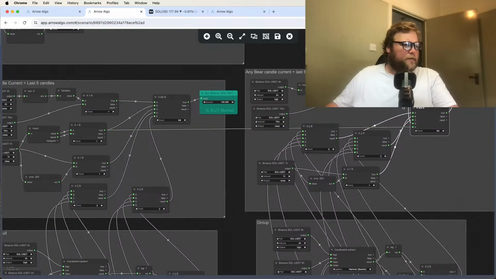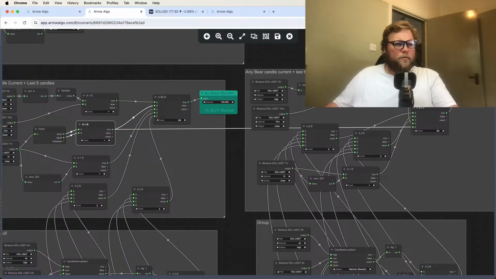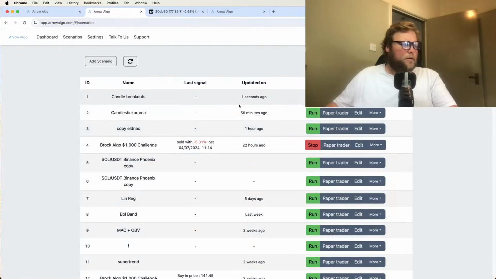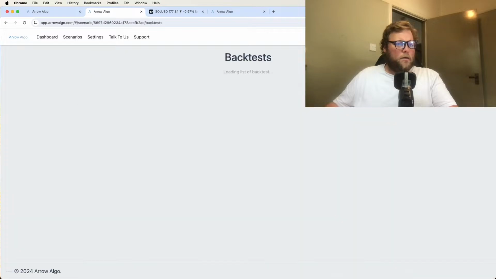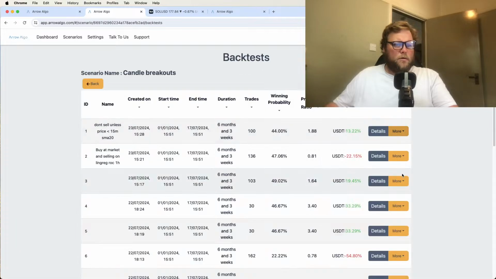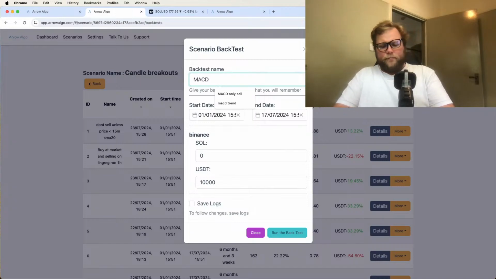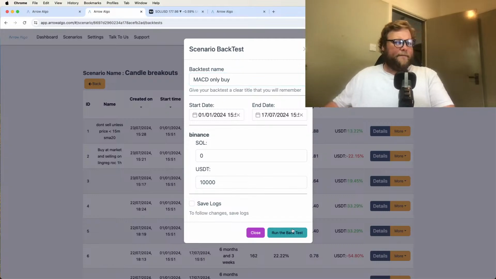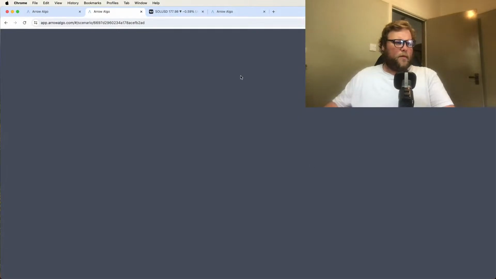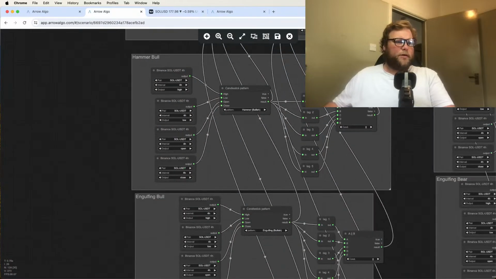So for the sake of time, I'm just going to run a quick test using the same output indicator block, and let's test that one. Then we'll go back in and replace that with the super trend.